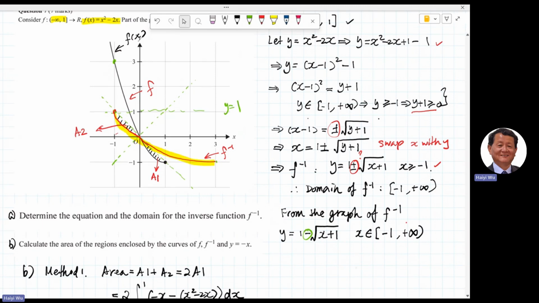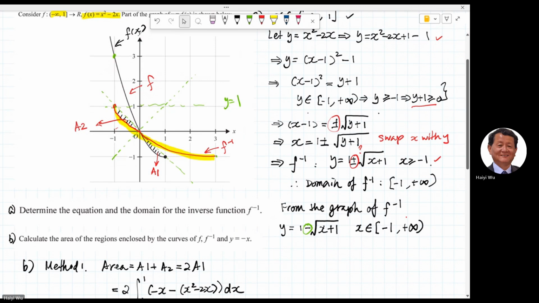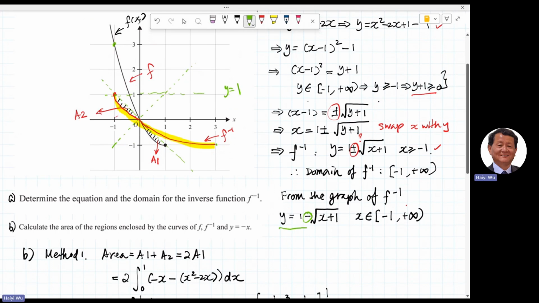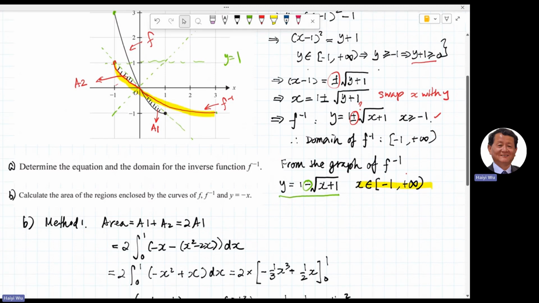We decide the negative side from the graph. So the inverse function is 1 minus the square root of x plus 1, and the domain is x belongs to negative 1 to positive infinity.